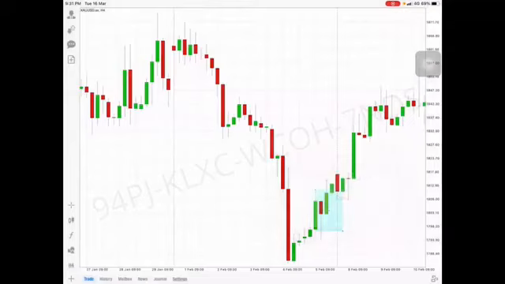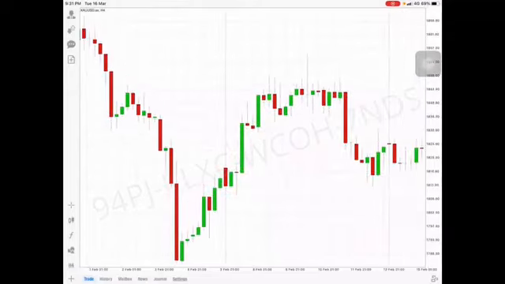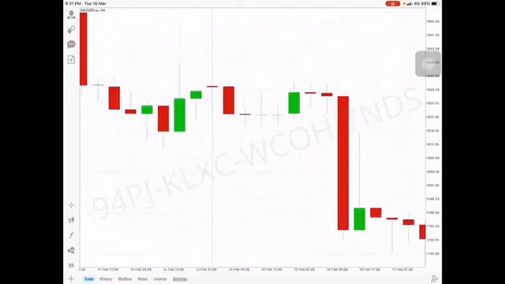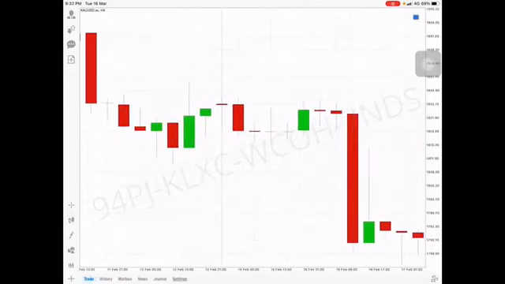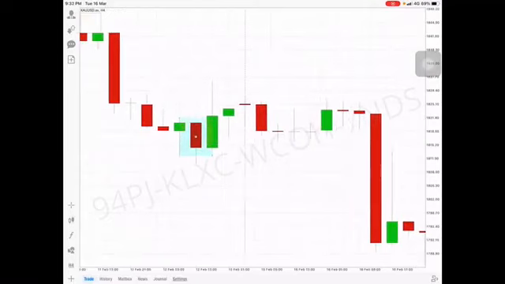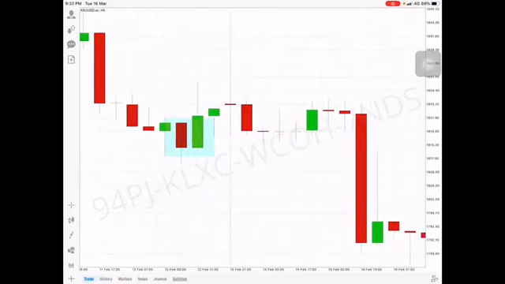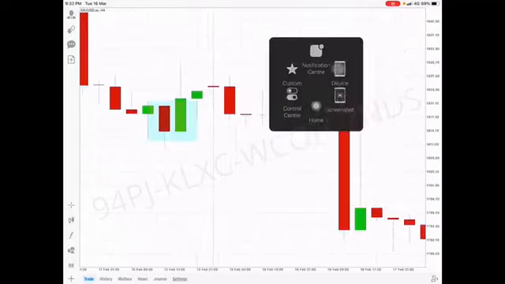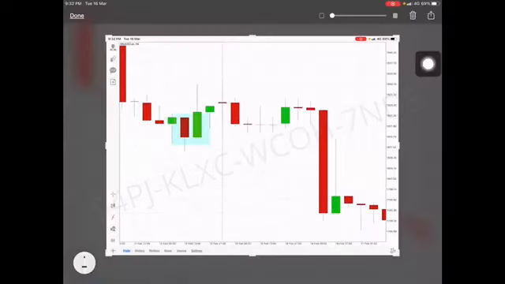All right. So for example, look at this one. Look what happened to it. This is another engulfing sell, right? So what are we looking for at this zone? Are we looking for sell or buy? Sell.